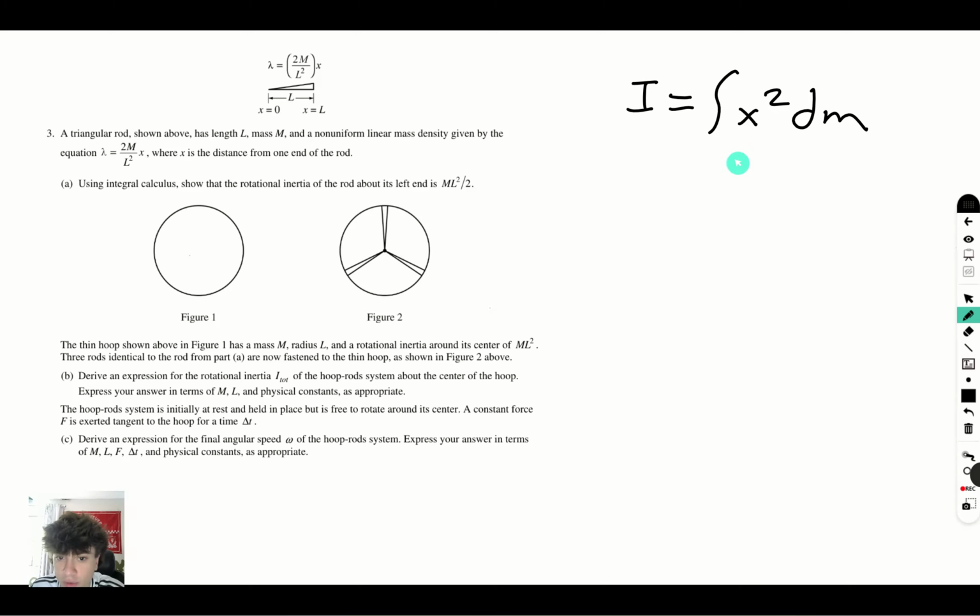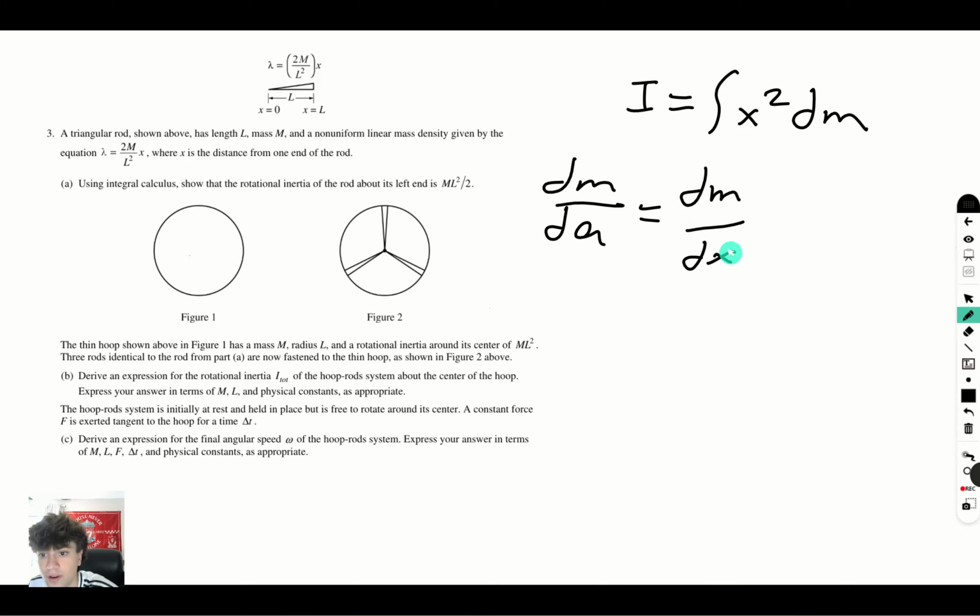Since we're given a rod, we can assume that it's just a one-dimensional rod. So we're going to have dm over dA, but since we're assuming it's a one-dimensional object, we can say dm over dx, where x is its length from 0 to L. And we're also already given an equation for the density, 2M over L squared x.